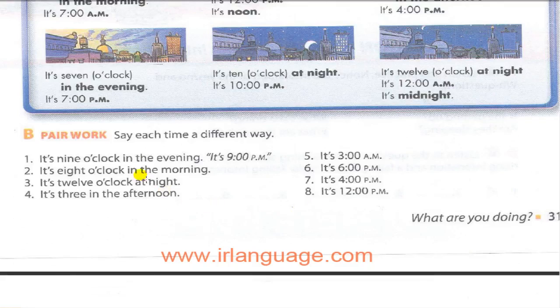Pair work, say each time a different way. 1. It's 9 o'clock in the evening. It's 9 p.m. In this exercise, you write p.m. or a.m. 2.